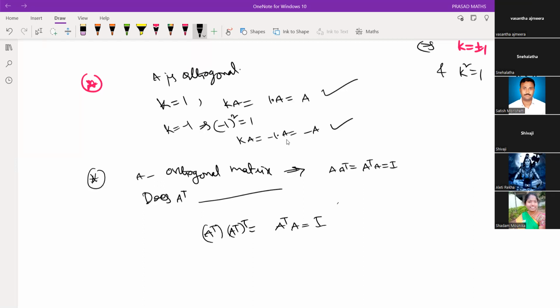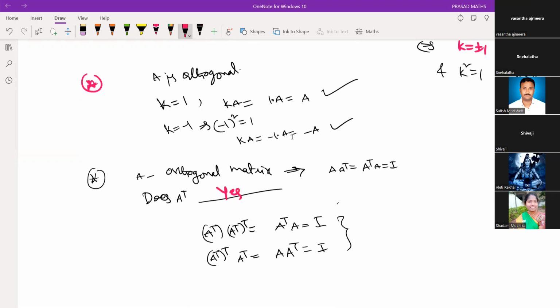Using that, this equals I. Similarly, A transpose whole transpose into A transpose is A into A transpose, which equals the identity matrix. Therefore, it satisfies the condition, so it is an orthogonal matrix.